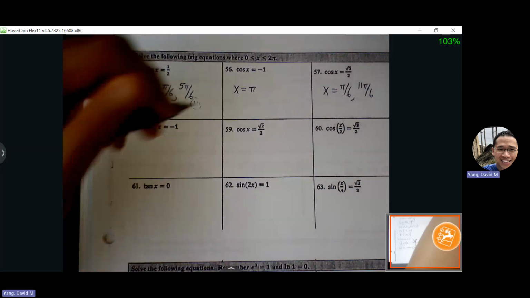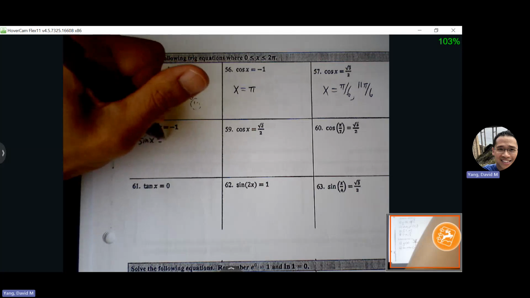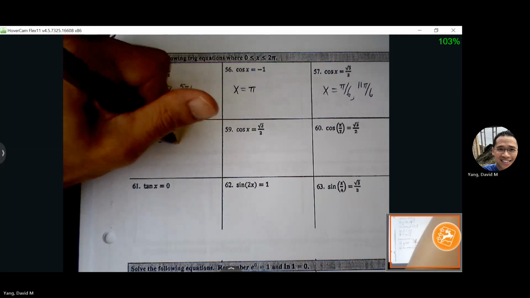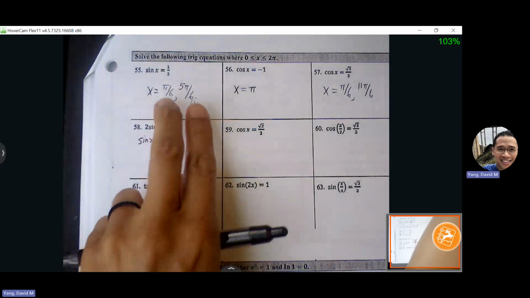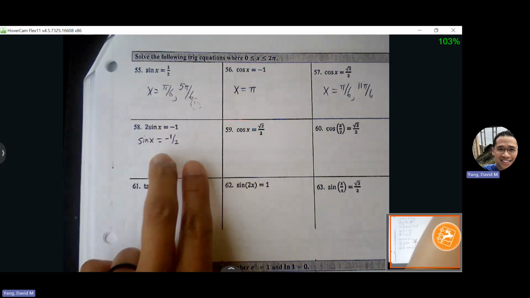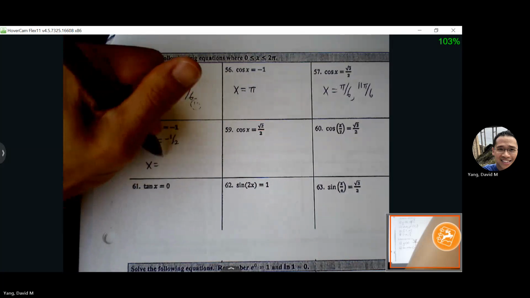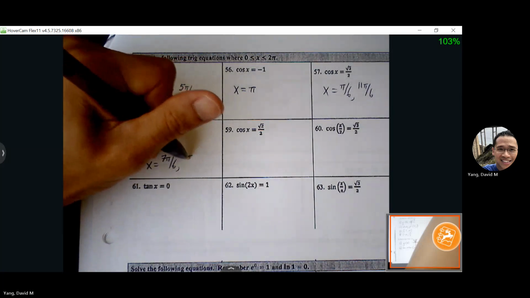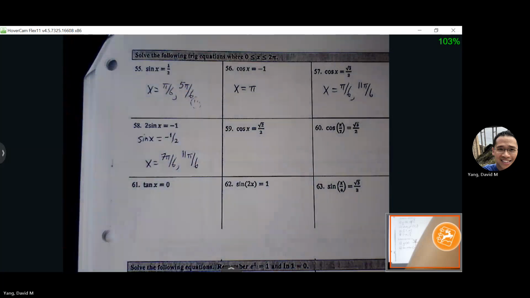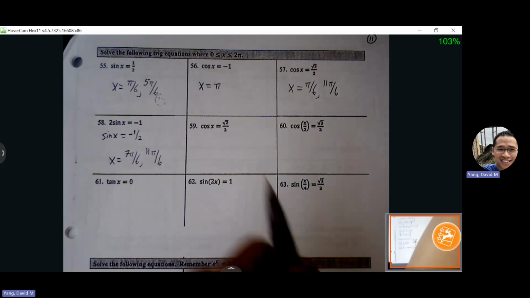2 sine of x is -1. If I clean this up by moving that 2 over, sine is equal to -1/2. So similar to this, we know it's going to be in that pi over 6 family, but instead of the first and second quadrant, it's going to be the third and fourth quadrant. √2/2, that's going to be in that pi over 4 family.